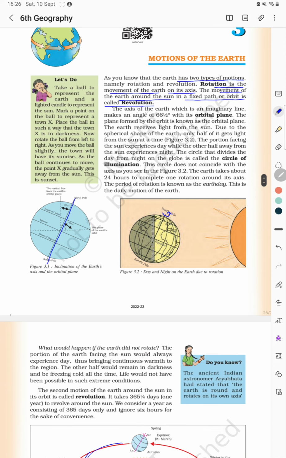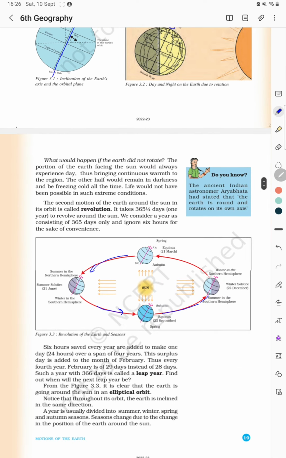The axis of the earth, which is an imaginary line, makes an angle of 66.5 degree with its orbital plane. This is the earth orbit, and from this orbit, this angle is 66.5 degree.